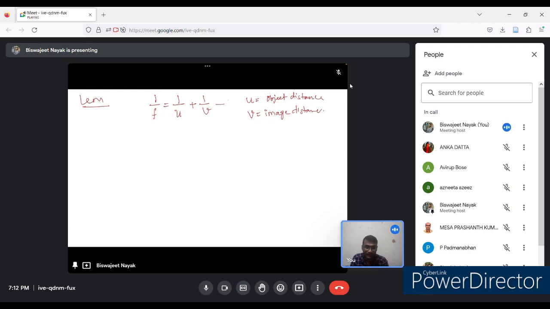Then magnification is given as v by u, for a real image.